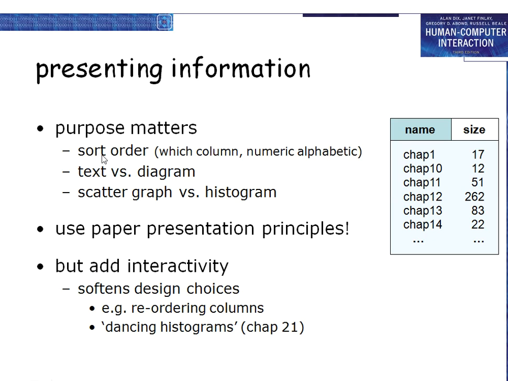We must consider the purpose and method, which could be short order, text versus diagram, scatter graph, or histogram. So what is the purpose and method for our data to present?